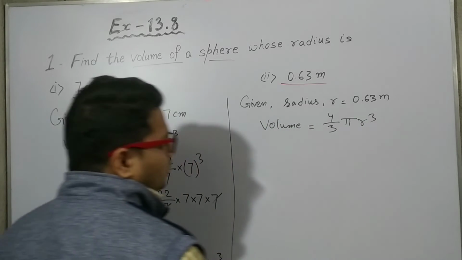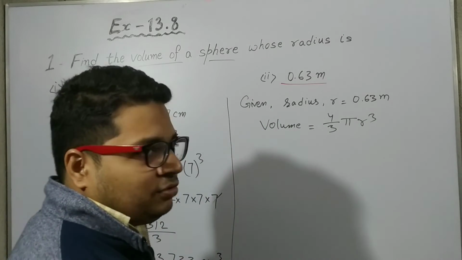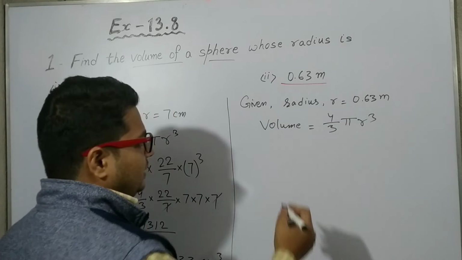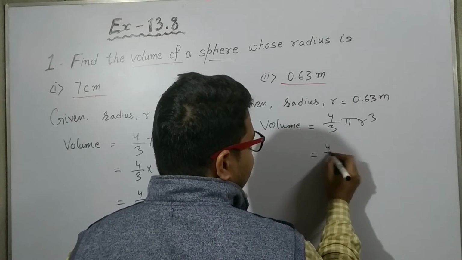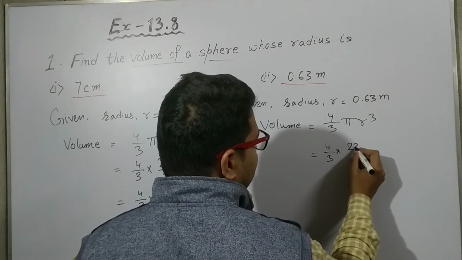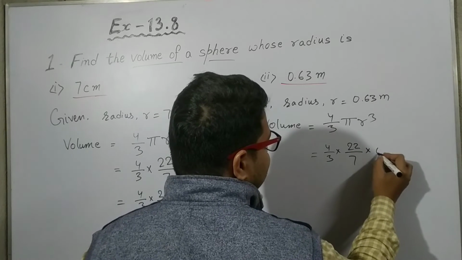And if it is not given, which value of pi do you have to use? 22/7. Then 4/3, again the value of pi is 22/7, and the radius is 0.63.